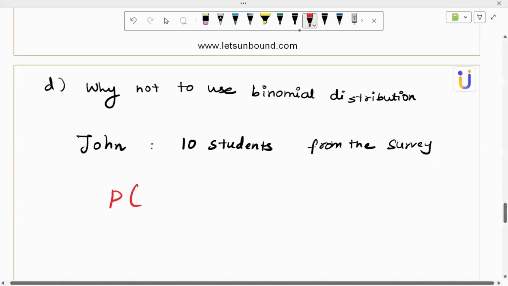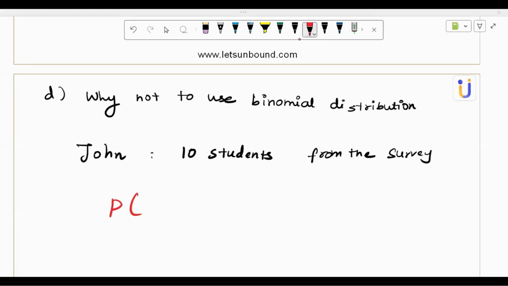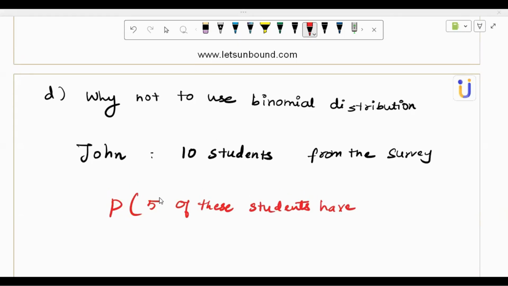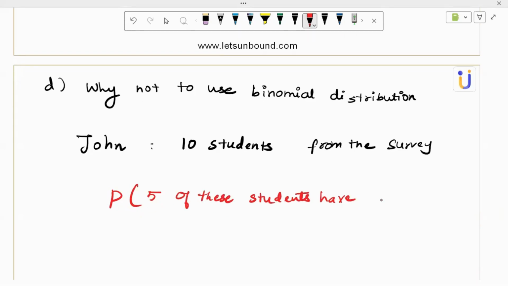This is what he's going to predict. Yeah, we can solve this, but why should we not use the binomial distribution?